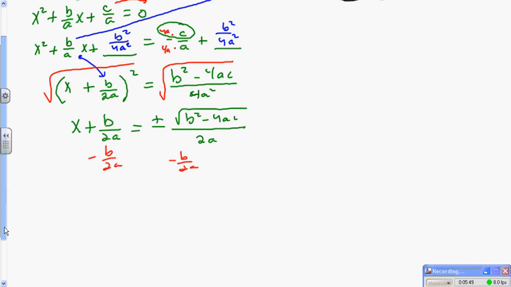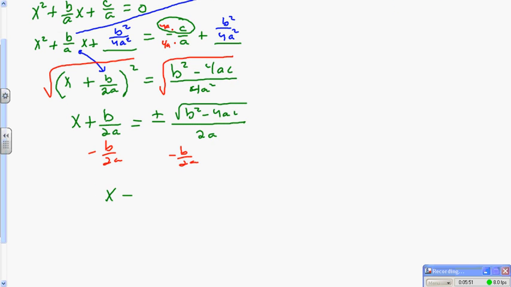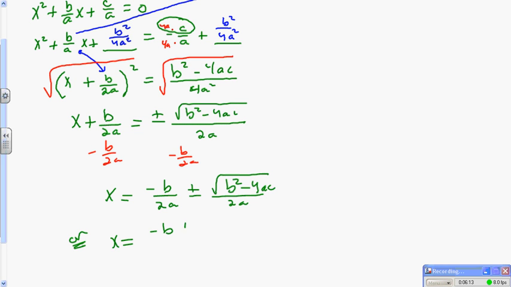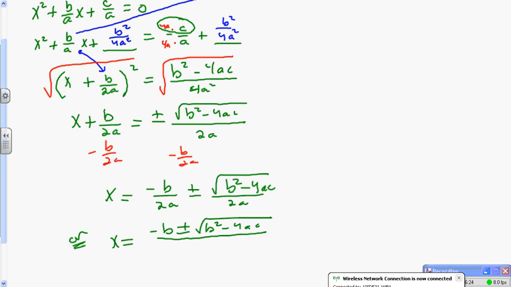We get x equal to negative b over 2a plus or minus the square root of b squared minus 4ac all over 2a. Or, if you want to write it as one fraction, you write it like that.